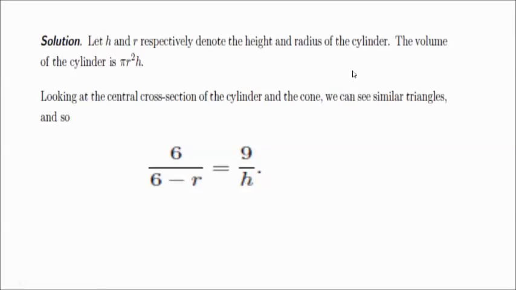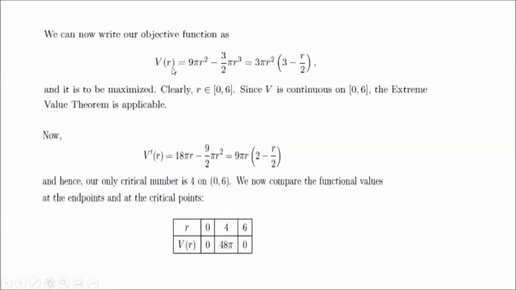Get it? So we have two equations. Now, we need to have a single-variable equation, class. Now, let's go in terms of the radius only. So in terms of radius, class, get the equation for h here and then substitute it here. When you do that, class, you get this equation.